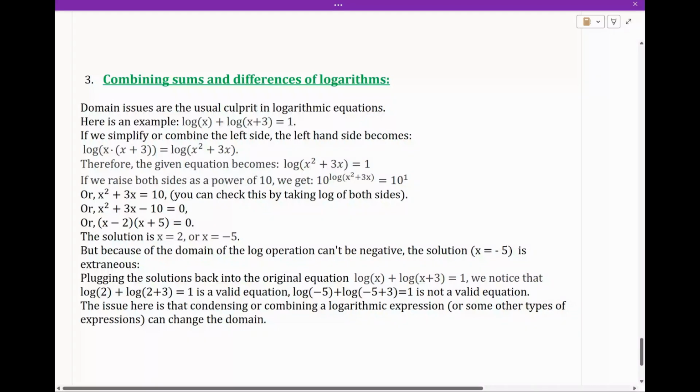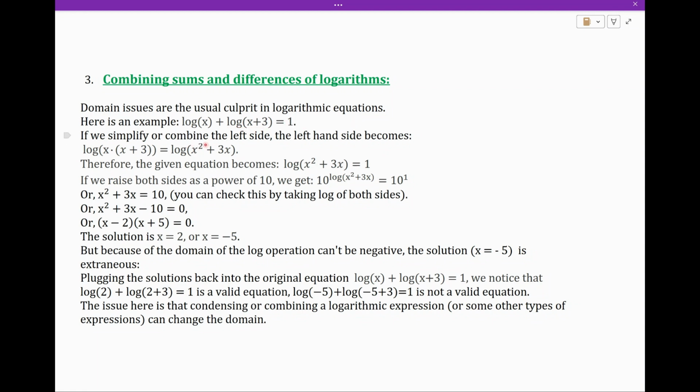And the last category of operations that introduce extraneous solutions is combining sums and differences of logarithms. Domain issues are the usual culprit in logarithmic equations. Here is an example. Log x plus log x plus 3 is equal to 1.